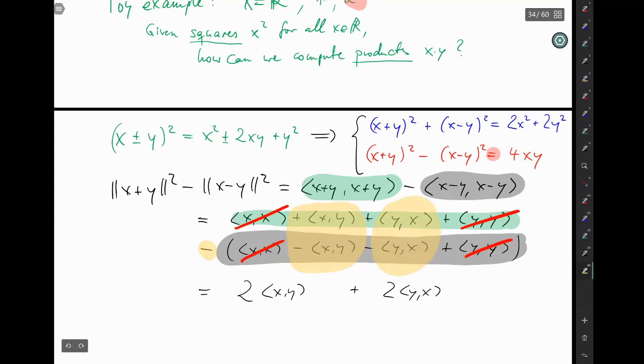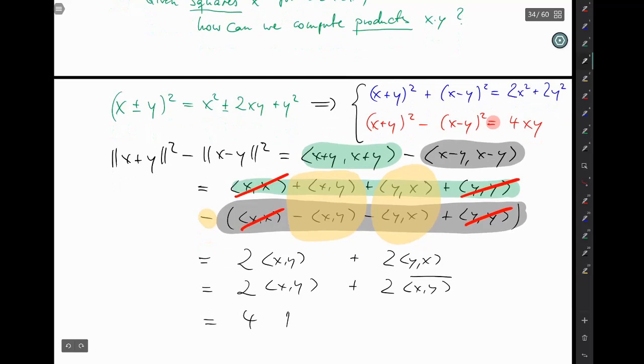And of course you can simplify that into 2 times x comma y plus 2 times x comma y complex conjugate, or just in short, 4 times the real part of the possibly complex number x comma y. So if your vector space X is real, then that computation essentially seals the deal, because you just divide by 4, and then you have not just the real part, but all of your scalar product x comma y.